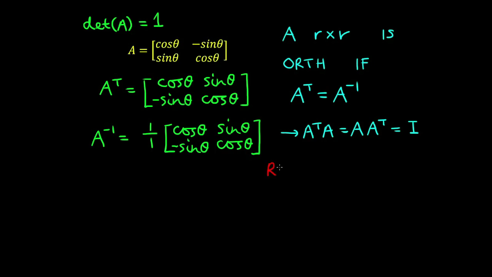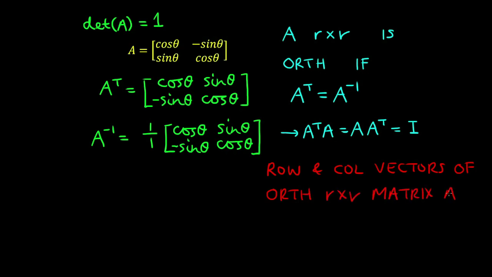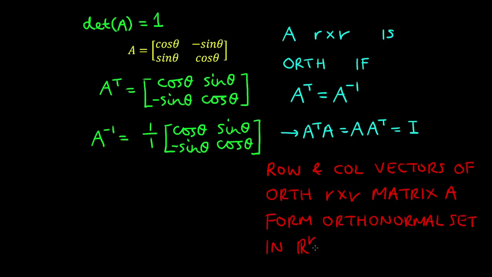Now the row and column vectors of an orthogonal square matrix A form an orthonormal set in the real inner product space of R tuples with the Euclidean inner product.